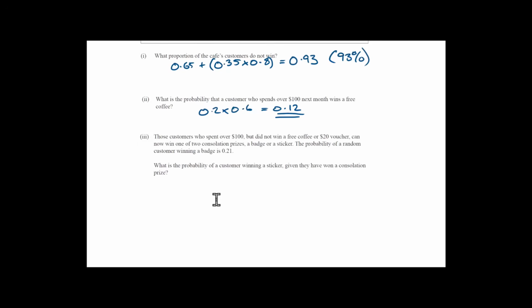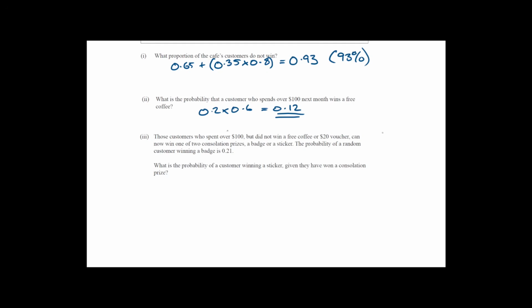All right, the next question, I think it's a bit of a trick question. The customers who spent over $100 but do not win a free coffee can now win one of two consolation prizes: a badge or a sticker. No, it's not a trick question. Here we go. So the probability of a random customer winning a badge is 0.21.